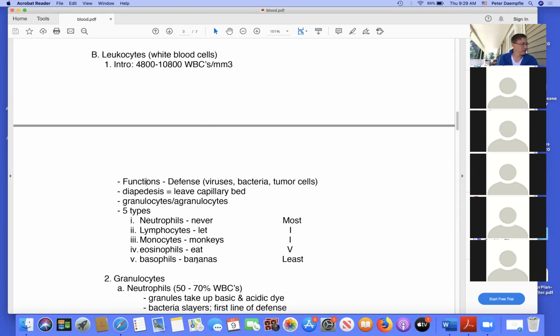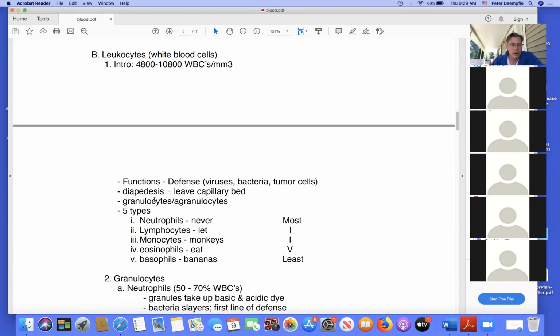And the agranulocytes, A means without, like an amoral person has no morals. Agranulocytes have no granules. Lymphocytes and monocytes are agranulocytes.